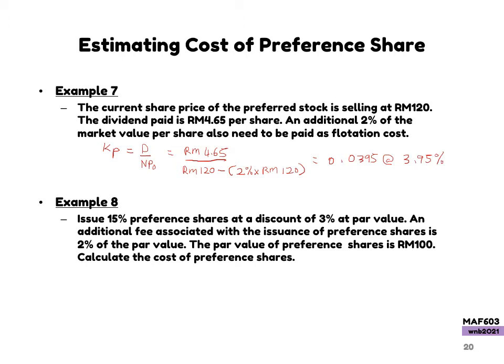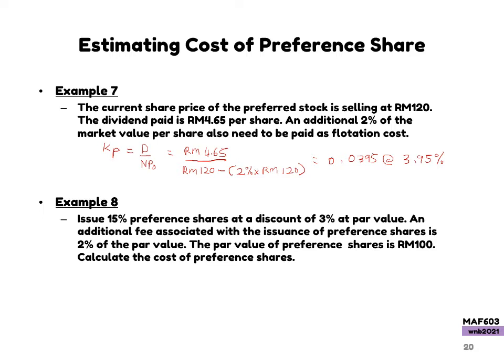Okay, we continue with example 8. Issue 15% preference shares. So this company is going to pay dividend at 15% for their preferred shareholders at a discount of 3% at par value. So the market value of the share is at a discount of 3% from its par value.